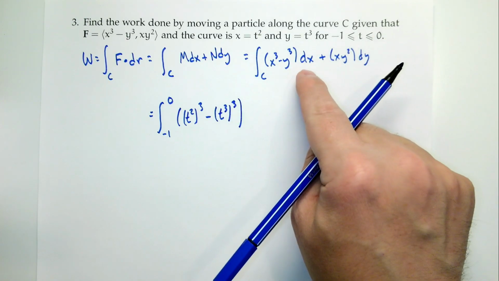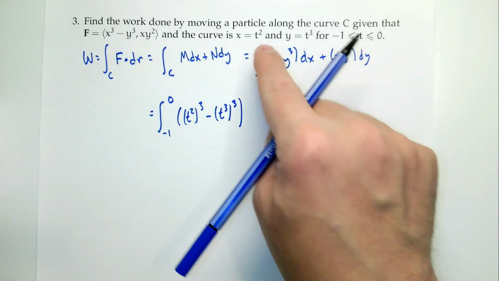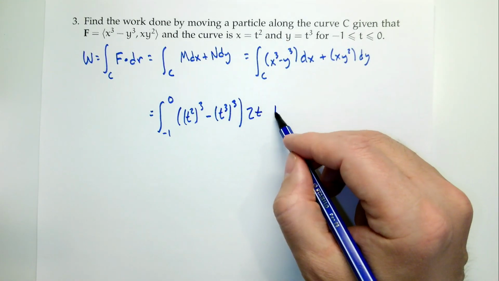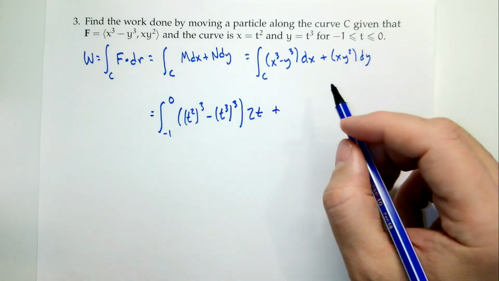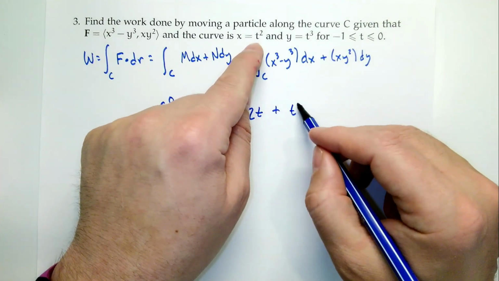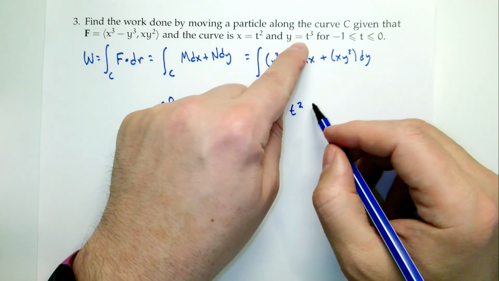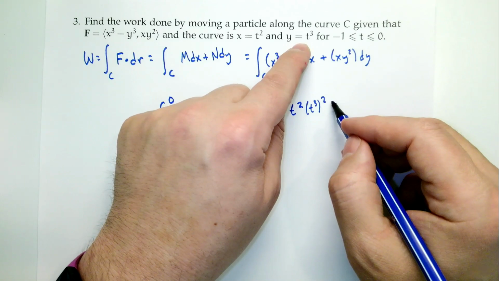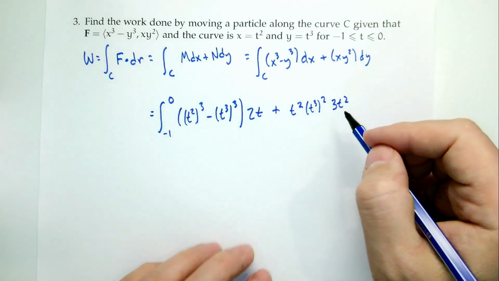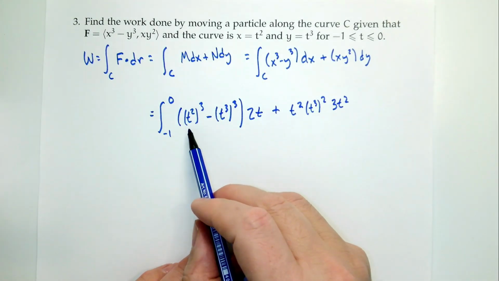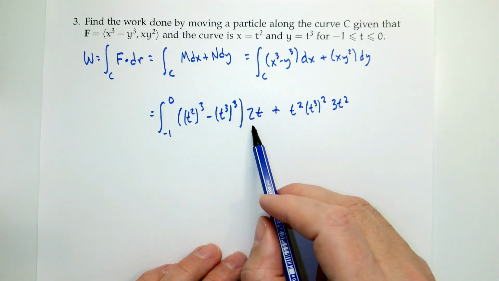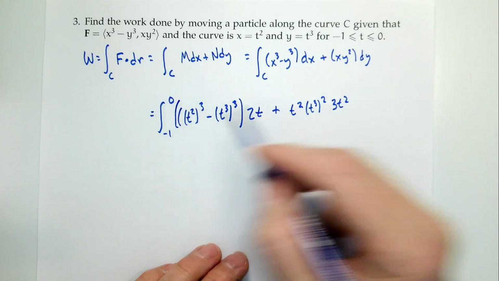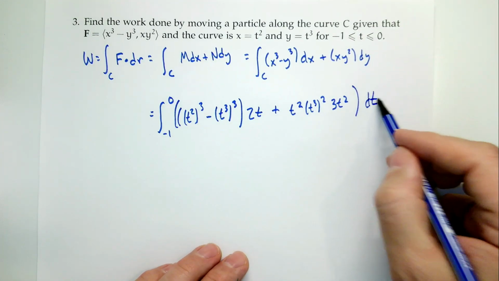Where you see a dx, put the derivative of x. Well, that would be 2t. Plus x, well, that's t squared. Y squared, so that's t cubed squared, and dy, the derivative of y, 3t squared. All right, so there's our x cubed minus y cubed dx plus xy squared dy. And then we're integrating that dt.